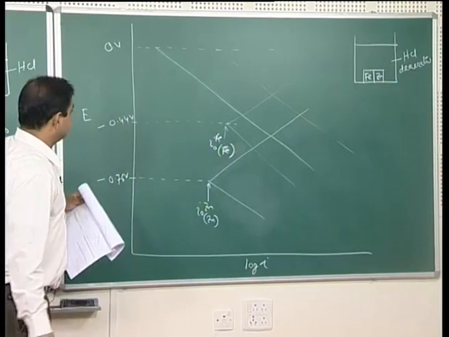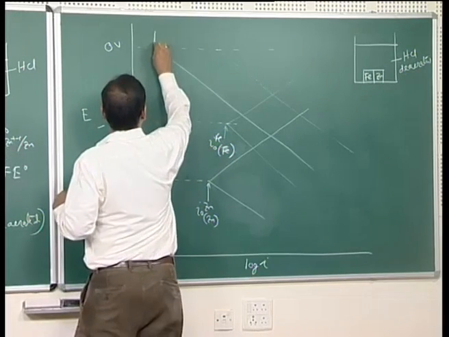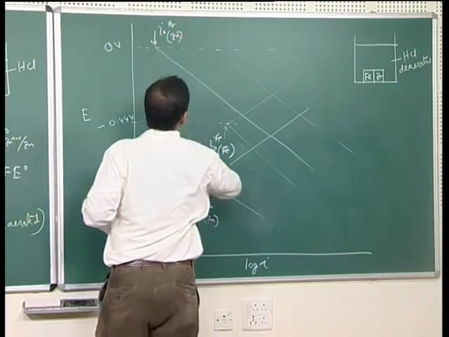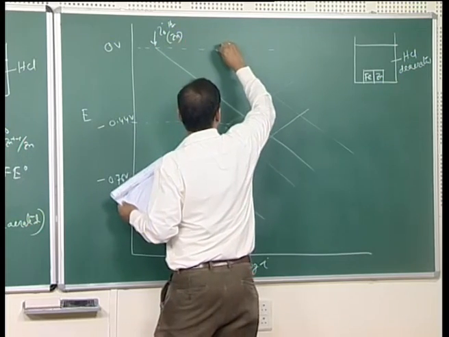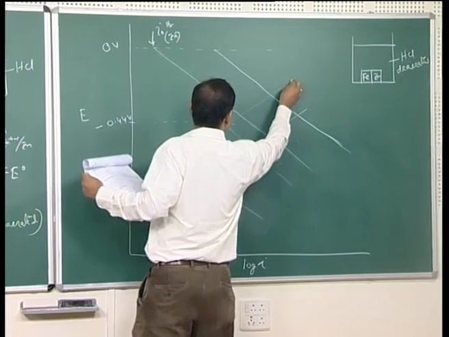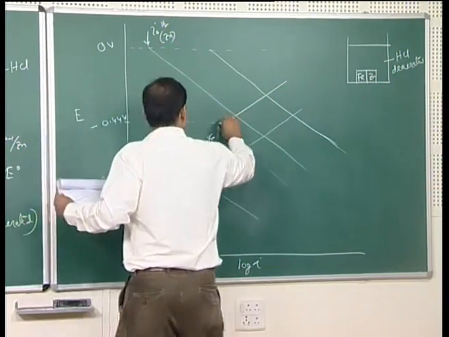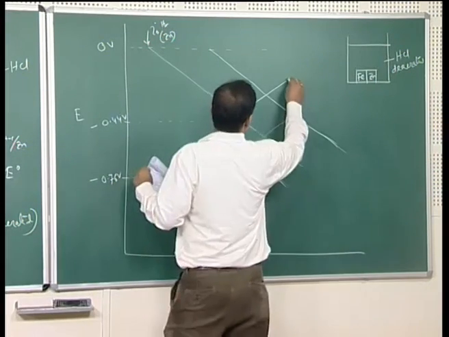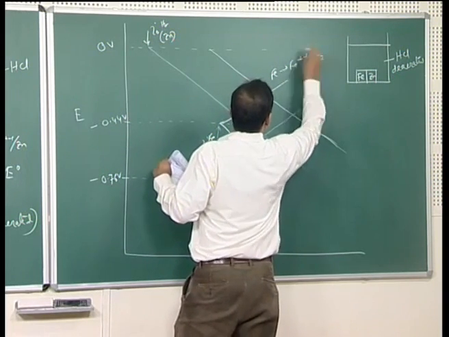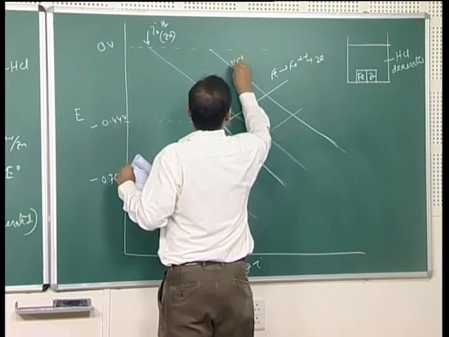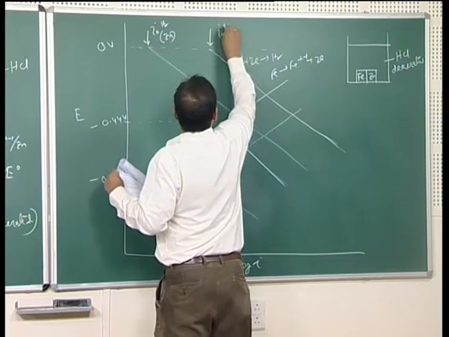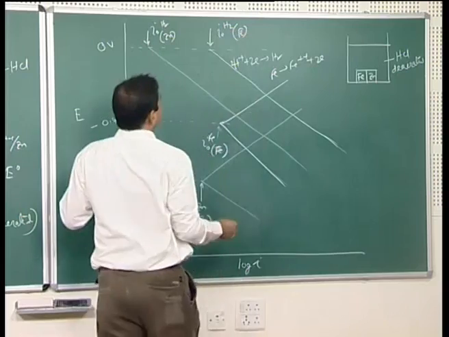So, this is iron, and this is I 0 for hydrogen on zinc, and this line, this white line and this white line, this line is for iron going to Fe plus 2e, and this is H plus 2e equal to H2, and this is I 0 H2 on iron surface.